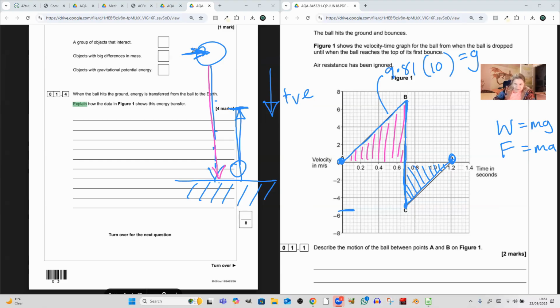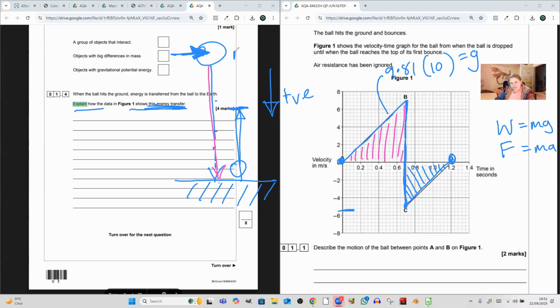Because the question is, explain how the data shows energy transfer. The question's about energy. What sort of energy has the ball got before it's dropped? Good, Charlie. Gravitational potential energy.